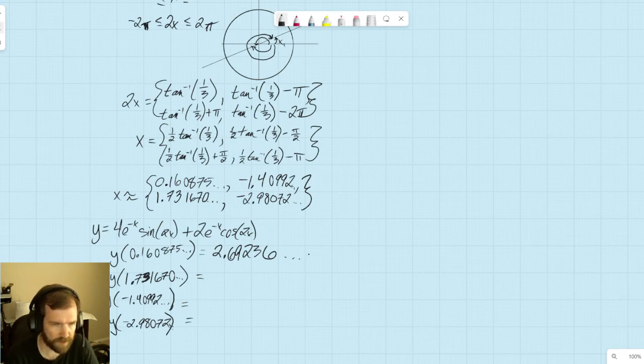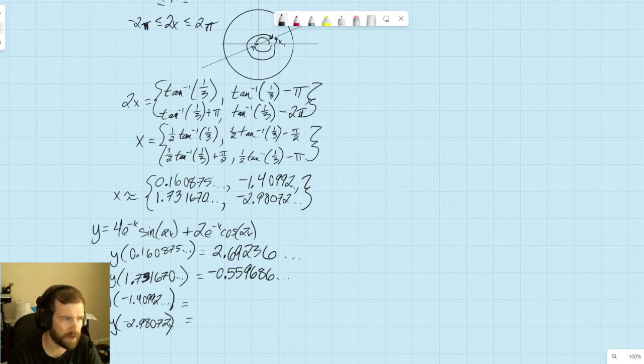And again, more stuff after that, but we'll just let it go. Y of 1.73, okay. So y of 1.73 is going to be negative 0.559686.